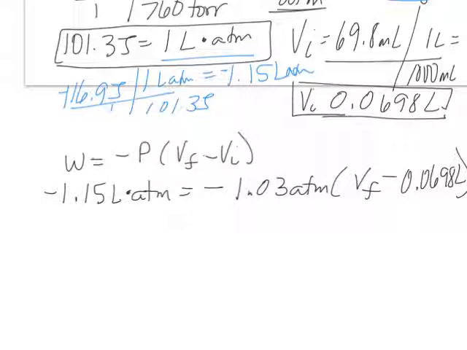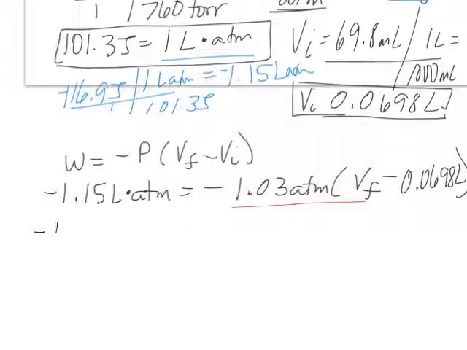So you want to multiply this through, and that'll work out to be, multiply this by VF, and I'll do that real quick for you: negative 1.03 times negative 0.0698.